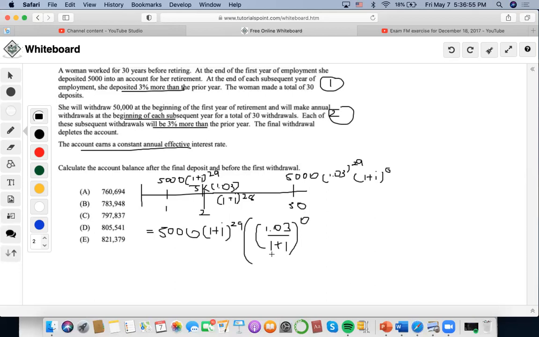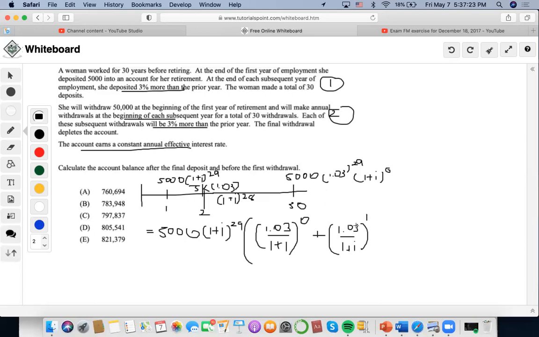Why? Because 5,000 times 1 plus i to the 29th is the first term, right? But if we move on to the second term, we will notice that the second term should be 1.03 over 1 plus i, and this whole fraction should be to the first power. Why? Because then the second term would be 5k times 1.03 times 1 plus i to the 28.